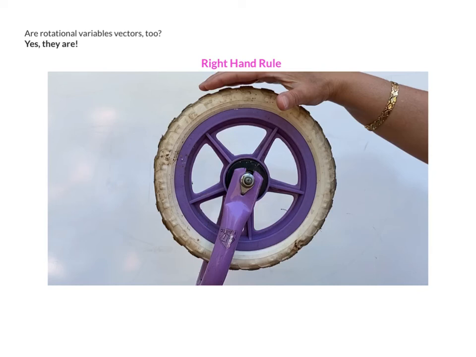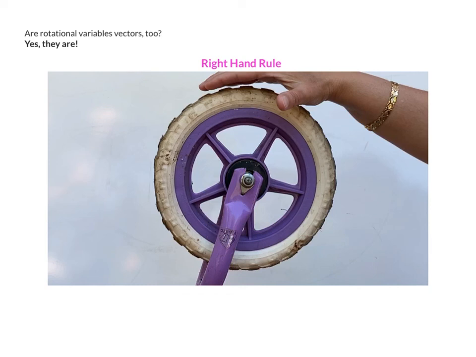Now, what about angular acceleration? So remember that if you have an object that is accelerating, that means that the direction of the acceleration is in the direction of the velocity. So velocity is increasing, acceleration is in the direction of the velocity, so the direction of the acceleration is the same as the direction of the velocity.